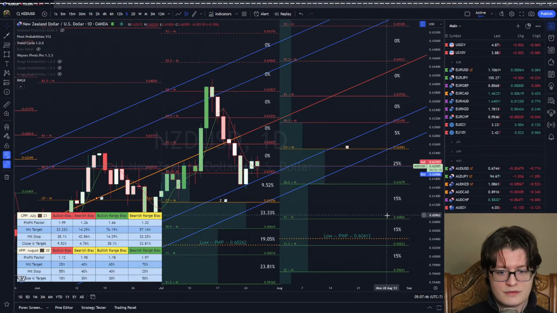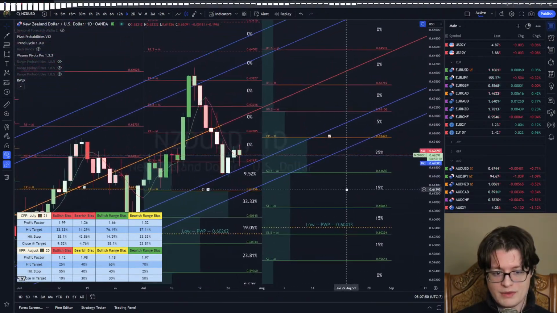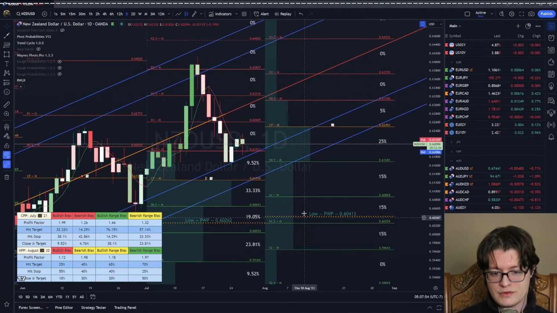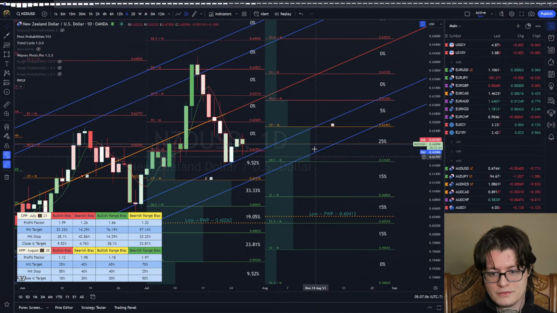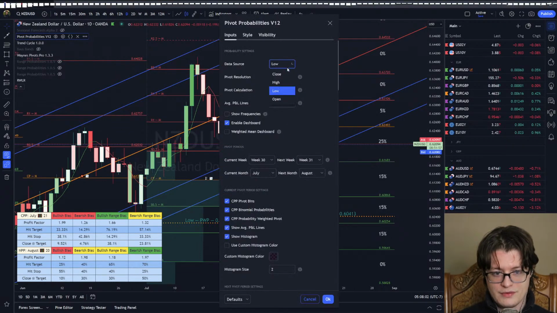And for all intents and purposes, those are very flat probabilities. I would not feel super comfortable going long in these areas here next month.